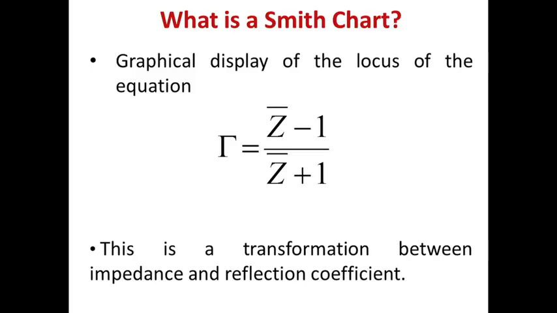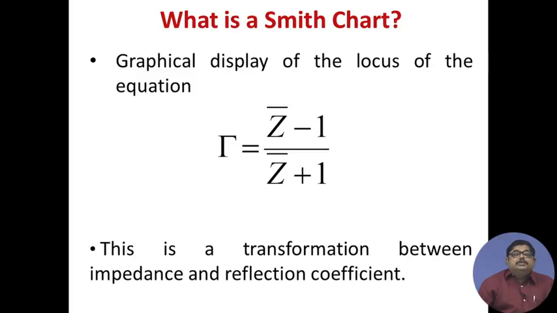So, basically the Smith chart is a locus of this equation, and this is basically a transformation. We can also look at it as a transformation: if I have a reflection coefficient description, by this equation I am transforming that same description to impedance.